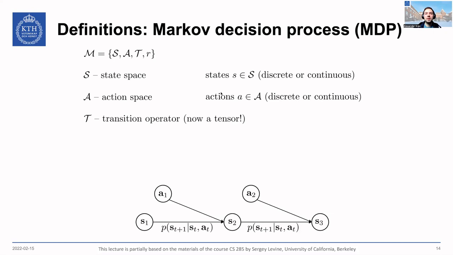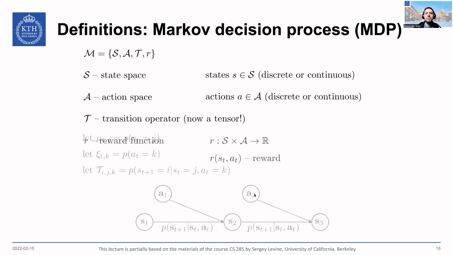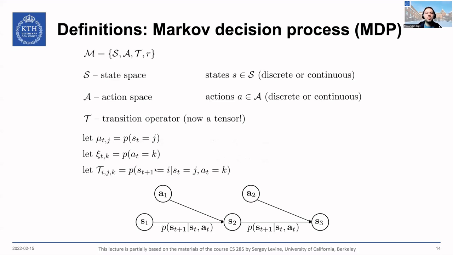And similar to before, if we set, for example, mu_t,j as the probability that at time t we are in the state j, this would be the distribution of the state probabilities at time t. And we let psi_t,k be the probability of action k at time t.